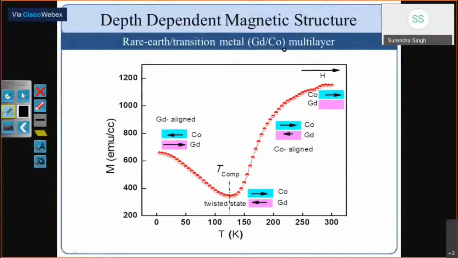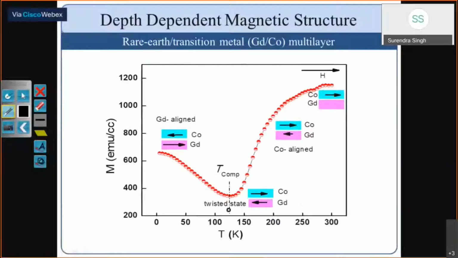That exchange interaction at the interface for rare earth and transition metal is quite high and antiferromagnetic in nature, I mean it is negative for this kind of system. So what happens when Gd develops ferromagnetism? The ferromagnetism of the Gd layer is opposite to the cobalt layer in this region. We say cobalt dominated, because cobalt is still along the field direction. So this state is called cobalt dominated.